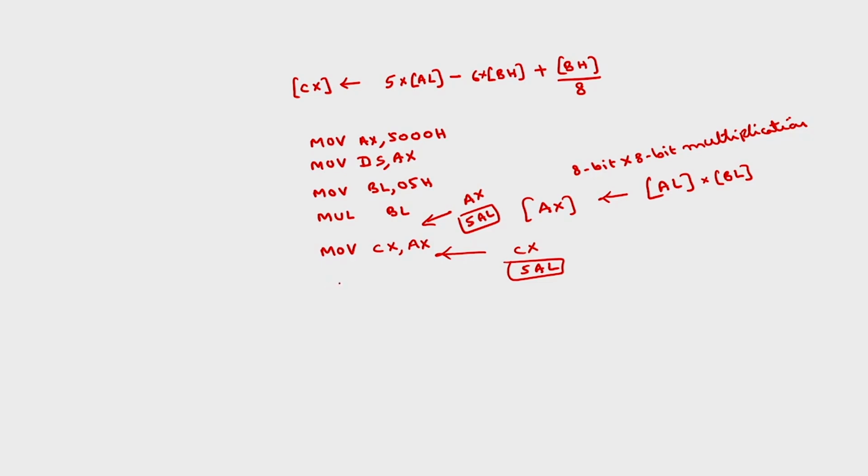So for that you take 6, MOV AL comma 06H, or you can directly take AX, but since you have to multiply, only AL is enough, sorry, AL comma 06H, then MUL BH. So what will be the operation here? This will be contents of AL into contents of BH.